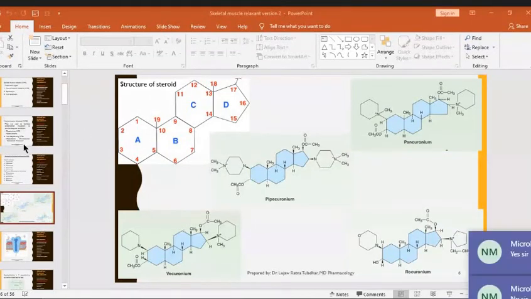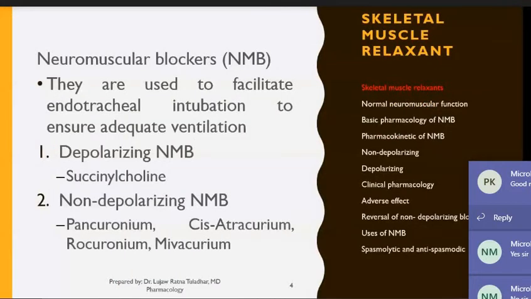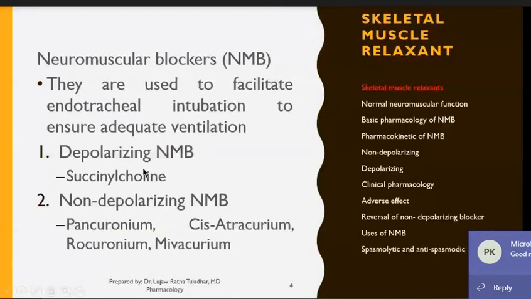Okay. So I was saying that NMBs are of two types. One is depolarizing and the next is non-depolarizing.